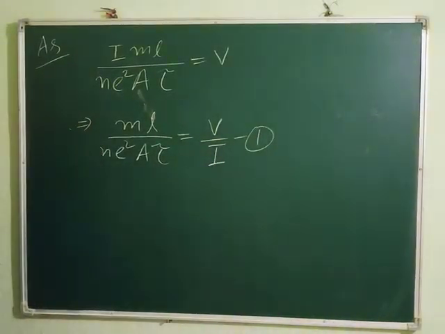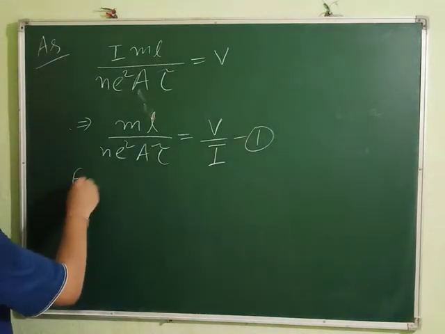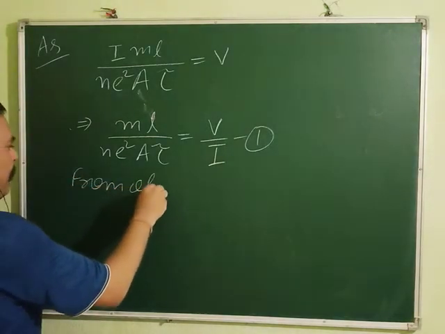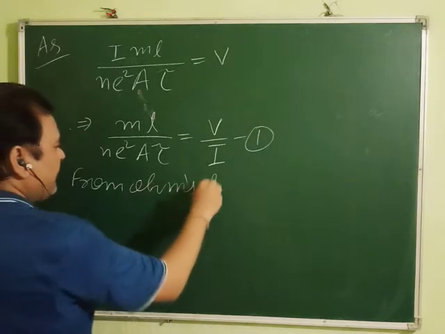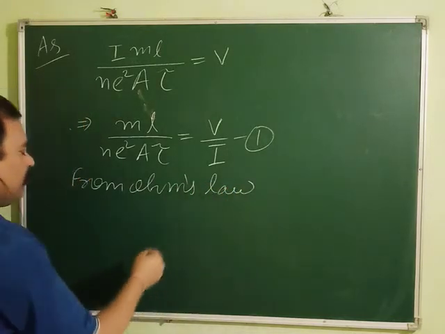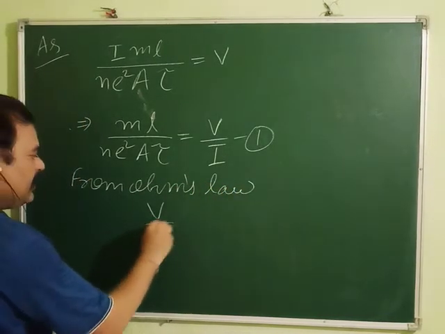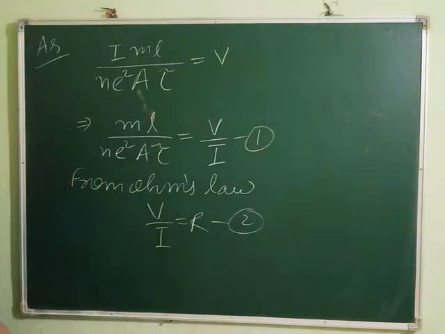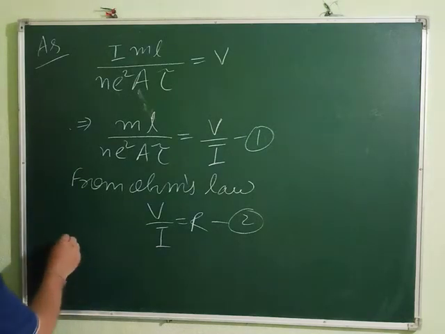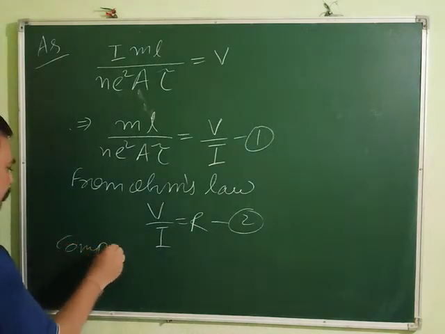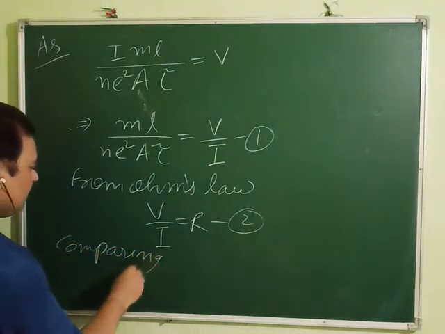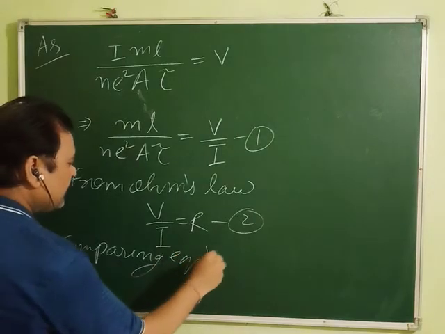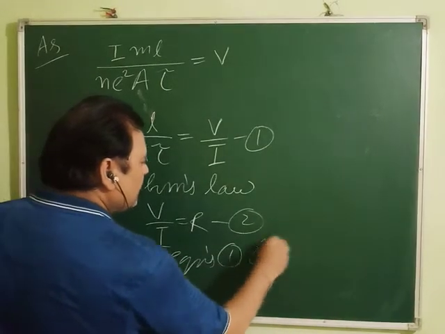Now, from Ohm's law, we can write V upon I is equal to R. If we compare equations 1 and 2, what do we get?